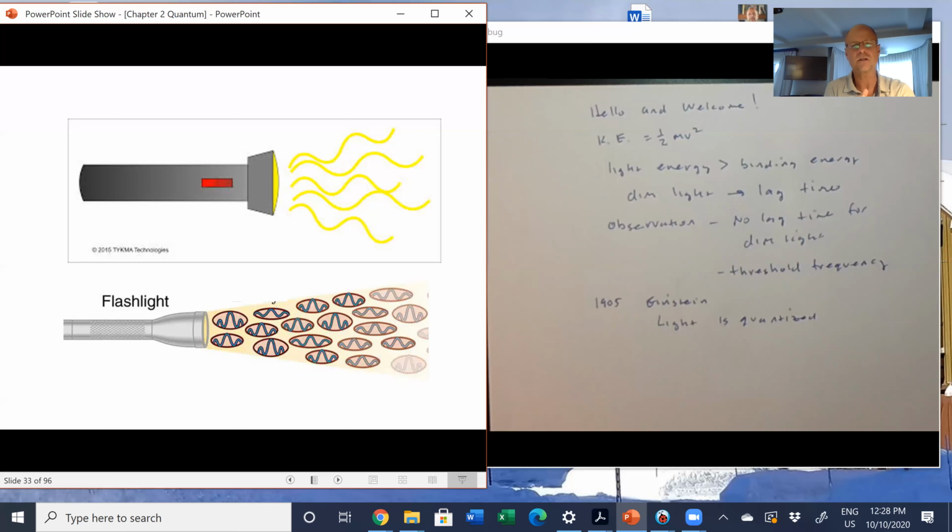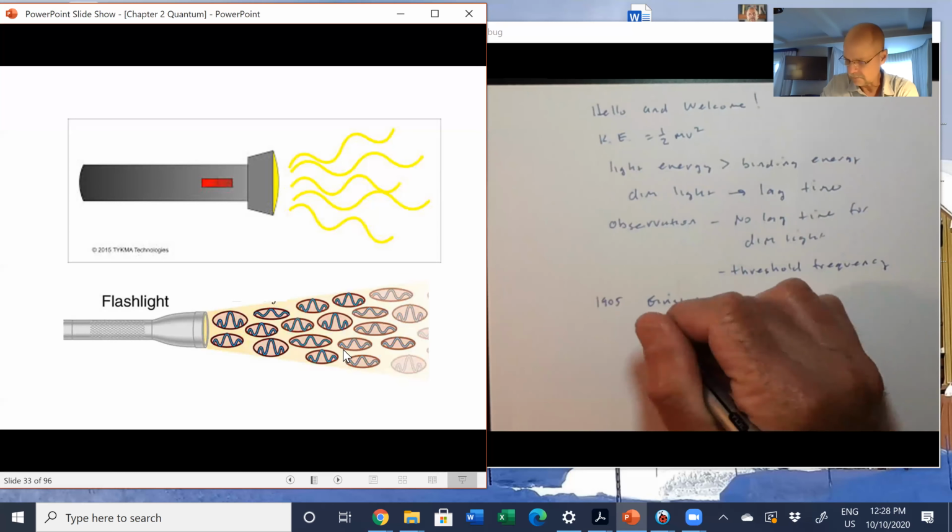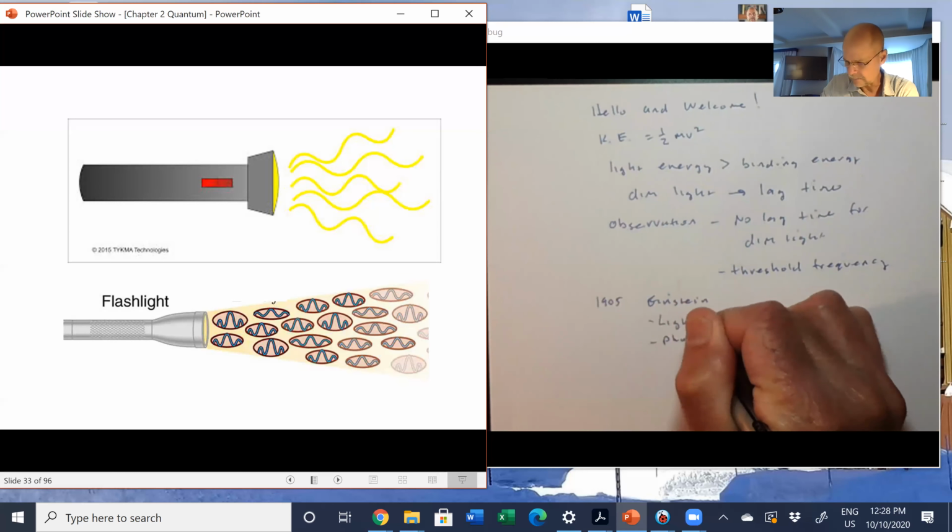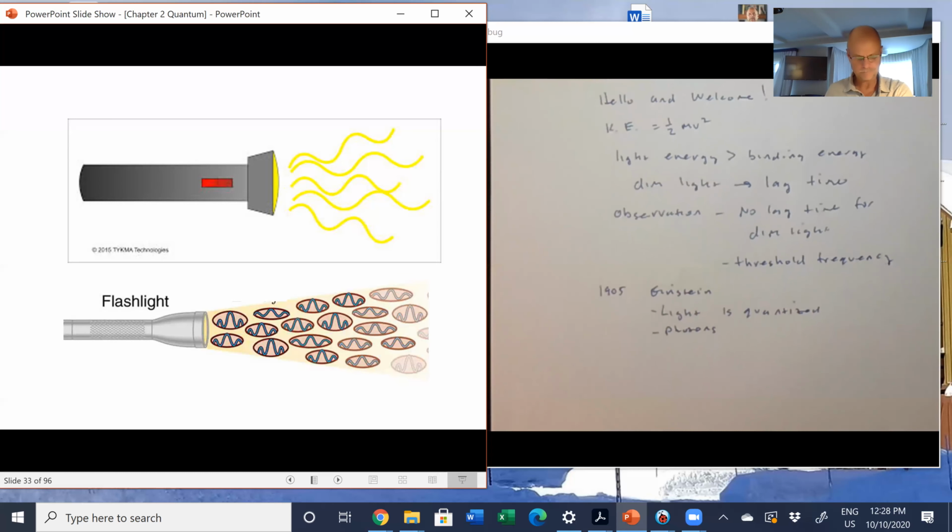Now Einstein was suggesting that light was quantized. So in the wave picture of light, a flashlight is emitting waves of electromagnetic radiation. If light is a particle, then a flashlight is emitting a bunch of light particles, which are called photons, right? Photons of light.